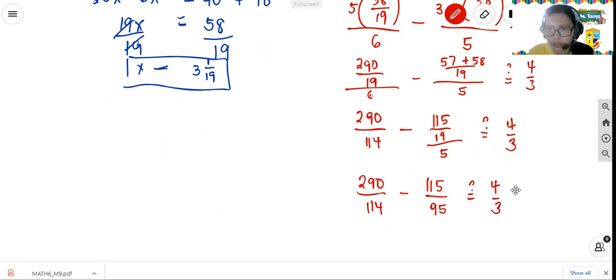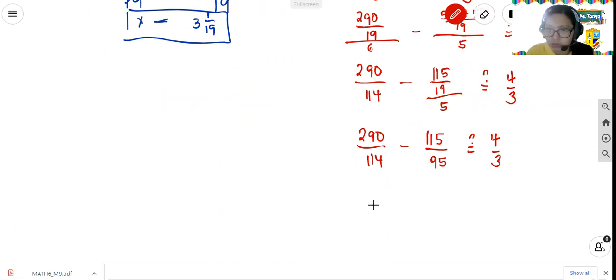So then we have to add 290 and 114. So if we add that, so that's 290 over 114 minus 115.